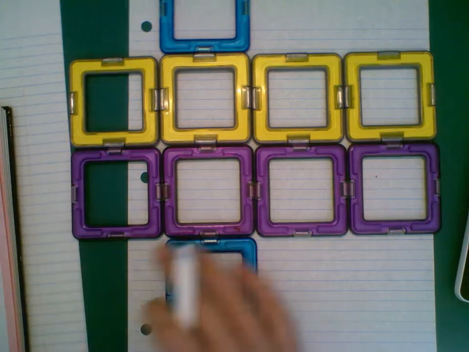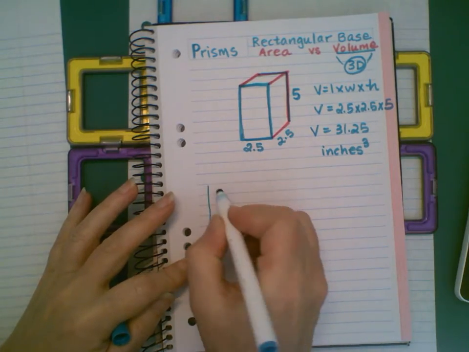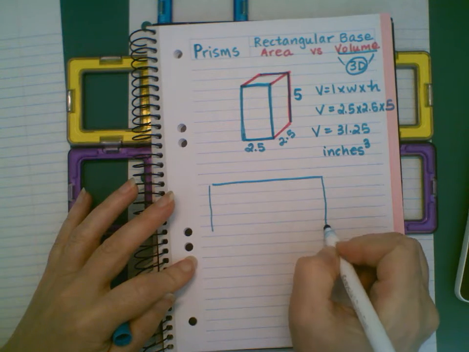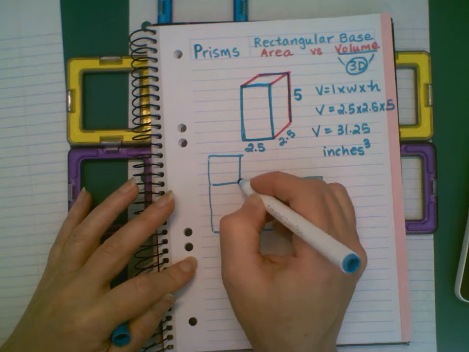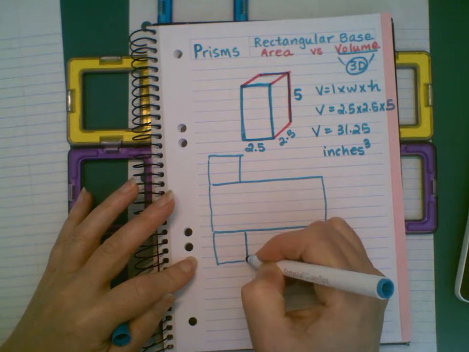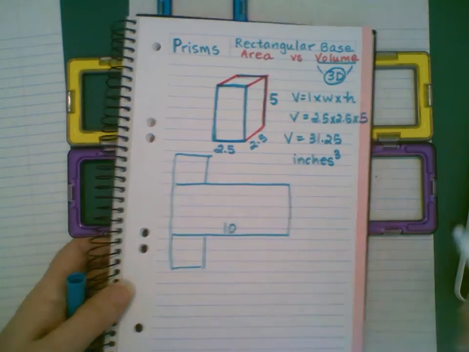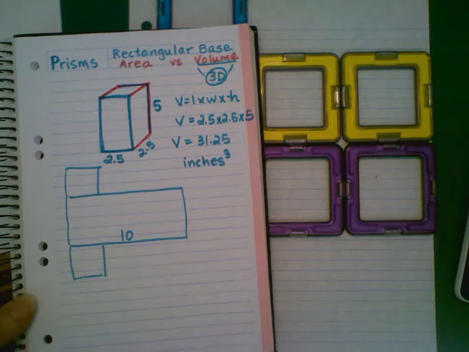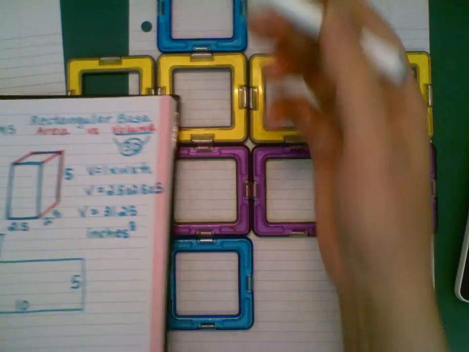So in my net, I'm going to draw this on my paper here. So this is 10. This is 2 squares high. That's 5. And these little ones are 2.5.